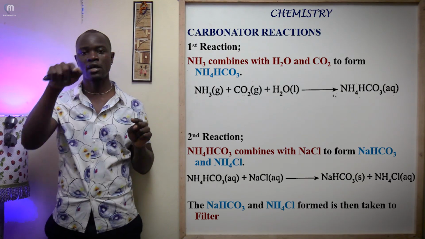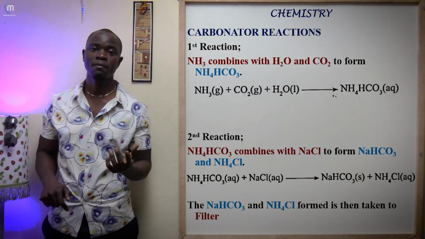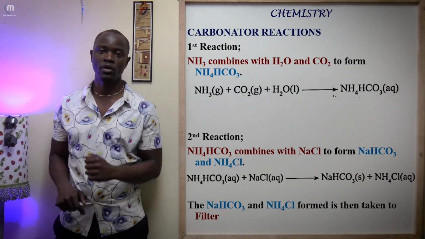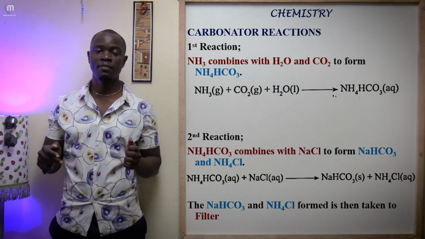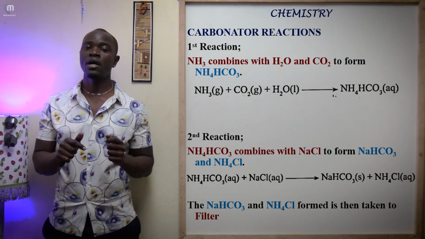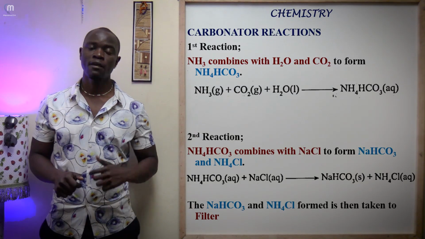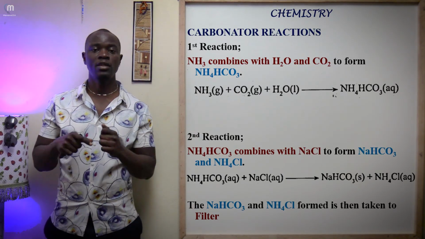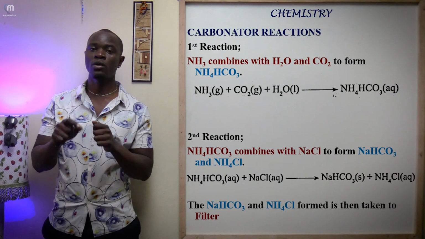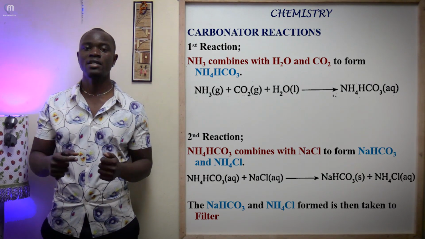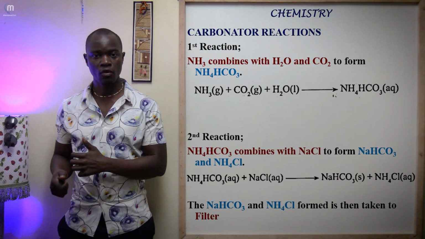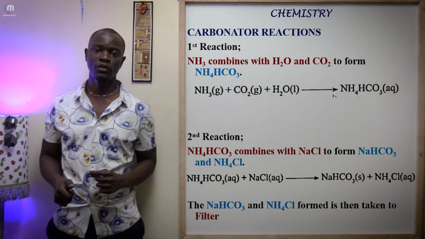It is recycled and taken back to the carbonator, where it reacts with the ammonia. Now that we have explained where everything is coming from, the first reaction is ammonia reacting with carbon dioxide from the kiln and water from the ammonia generator to get ammonium hydrogen carbonate. That is the first reaction.